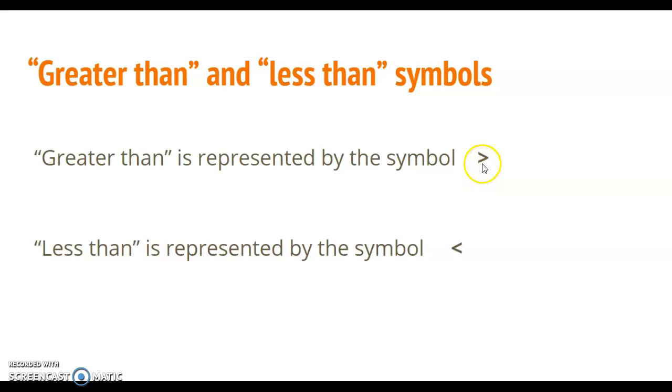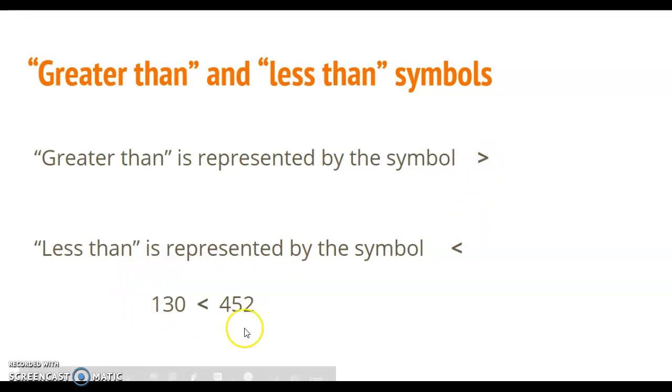Now you notice these are just the reverse of each other. It's the same type of shape, but it's kind of like an arrow. The arrow points the opposite direction. So the challenging thing is, how do we remember when to use these two symbols?